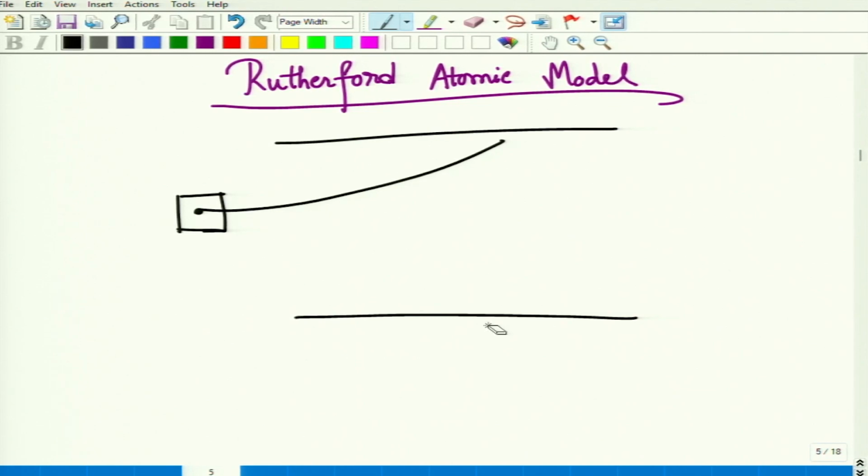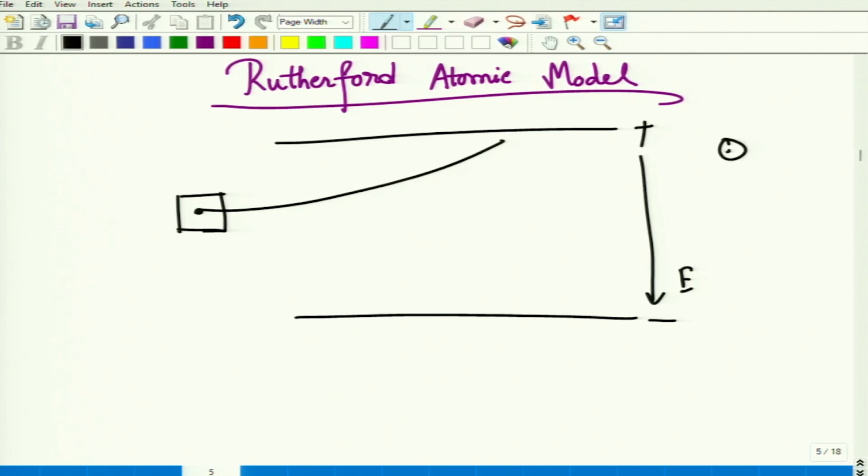I am not getting into that, because I do not remember the experimental setup very correctly, but there was an electric field in this direction and a magnetic field inside the plane.